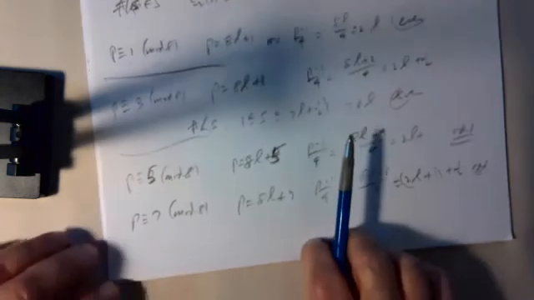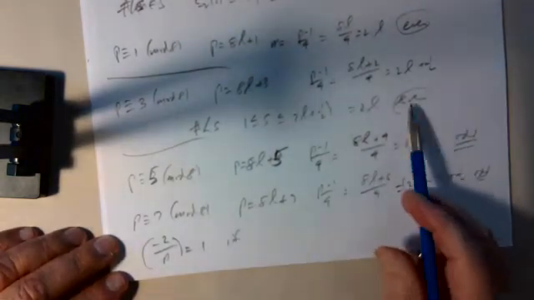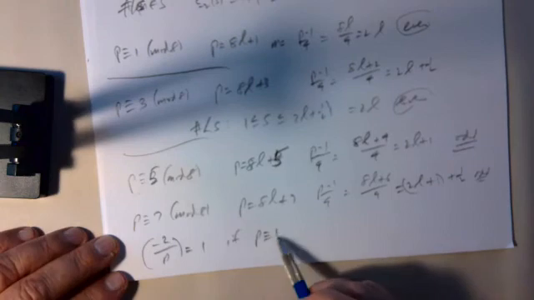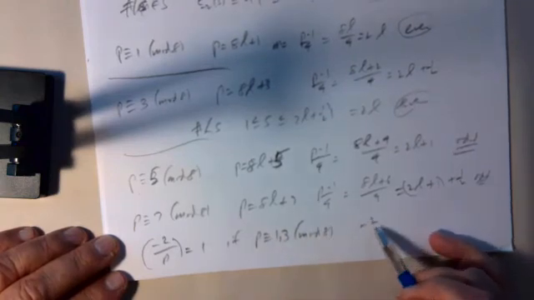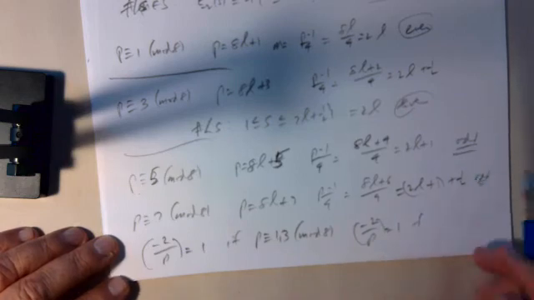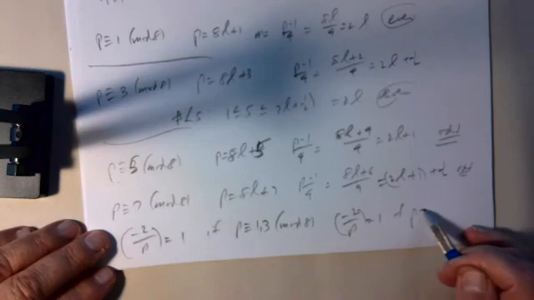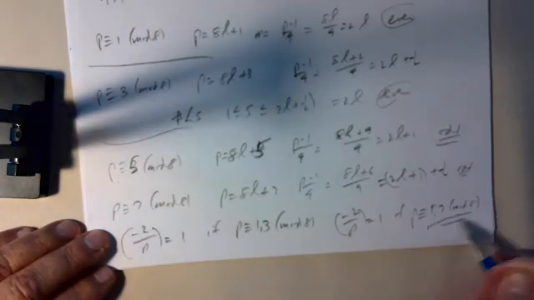So we get that (−2/P) equals 1 precisely when M is even, if P is congruent to 1 or 3 mod 8, and (−2/P) is −1 whenever we are in the odd case, and that means P is congruent to 5 or 7 mod 8.